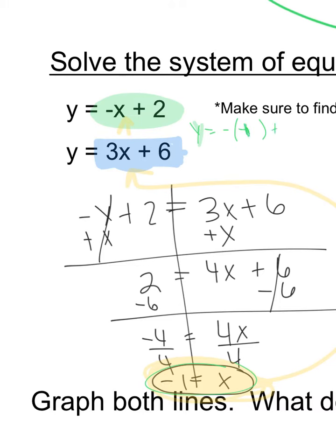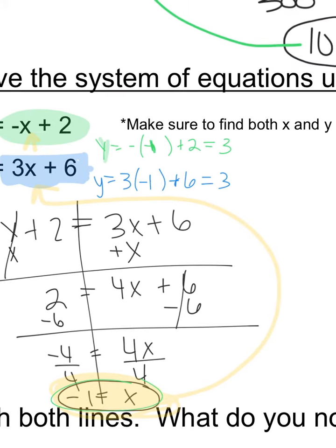Negative 1, it's really positive 1, plus 2 gives us 3. In the second equation, y equals 3x, plug in our answer of negative 1 for the x, plus 6. 3 times negative 1 is negative 3, plus 6 is 3. Both equations gave us that final answer of y equals 3.